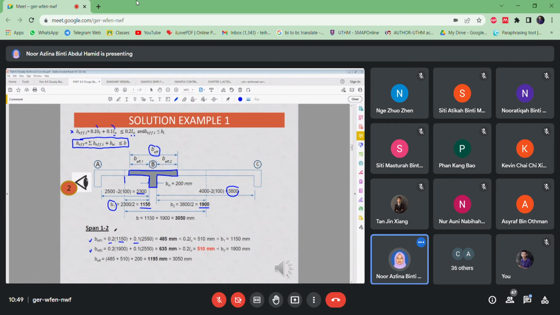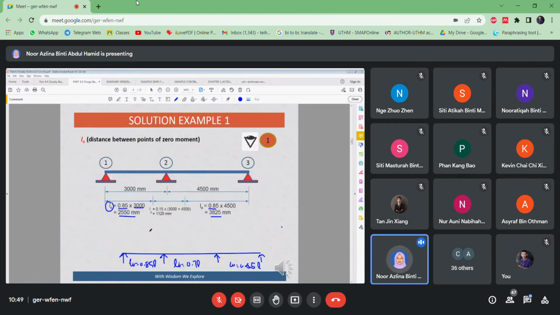So kalau tak nak confuse, I suggest you for span 1 to 2, LO dia adalah 2550. So look back at this view here. LO from span 1 to 2 is 2550. LO for span 2 to 3 is 3825.